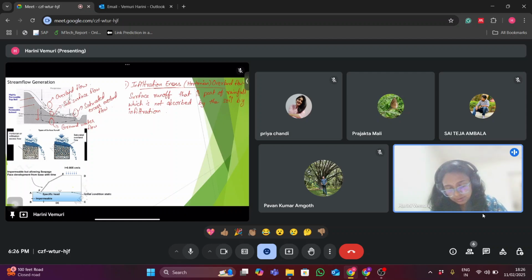So here in this figure also you can see that whatever water that is falling first is getting infiltrated, and the excess amount of rainfall is flown laterally on the surface. This is infiltration excess overland flow.